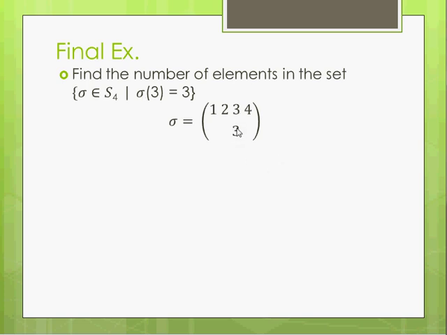Sigma of 3 is going to be 3. So we don't know what the other ones are, but this one's fixed. So how many choices do we have for the first possibility? 1 could be 1, 2, or 4, right? So that's 3. Now afterwards, 2 will have 2 choices, and 4 will have 1 choice. So 3 times 2 times 1, 6 possibilities.